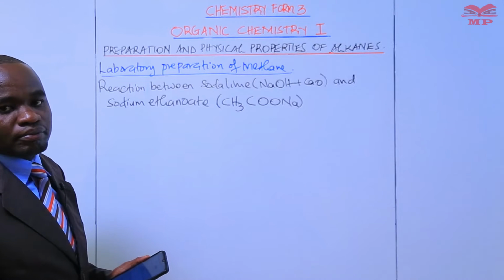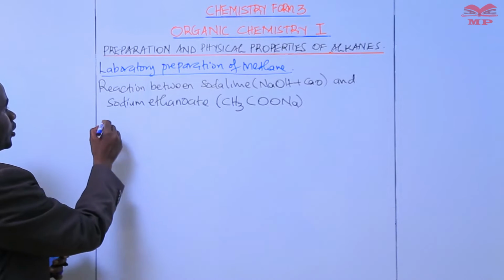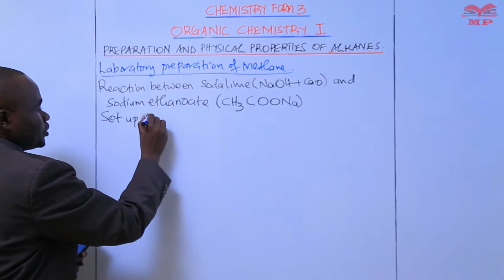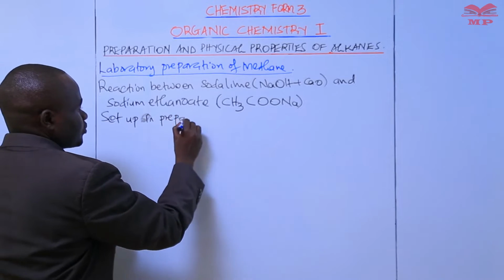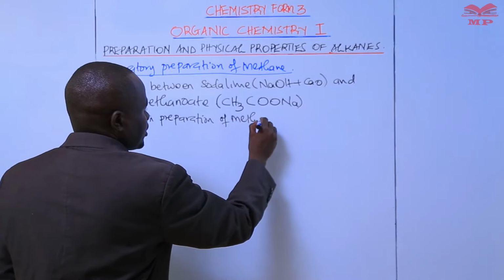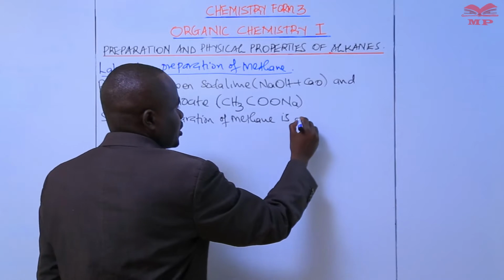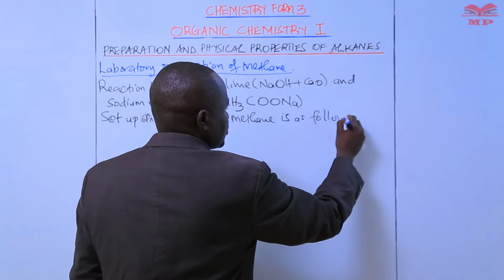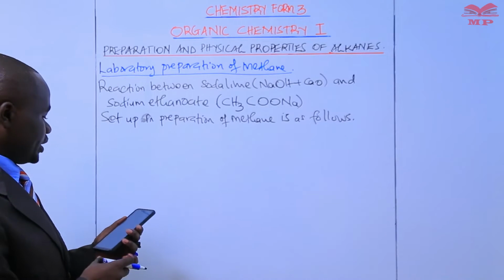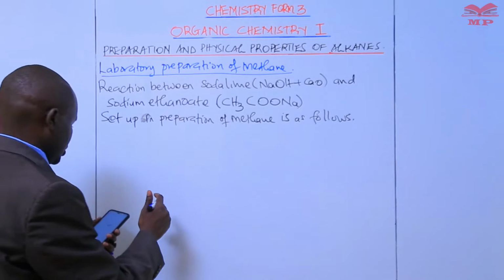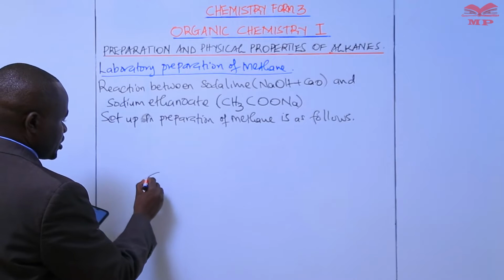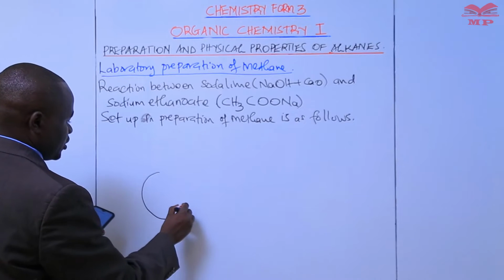So the diagram is arranged as follows. So the setup in preparation of methane is as follows. It's good we look at the diagram for the sake of exam purposes. The first part of the diagram is a round bottomed flask.